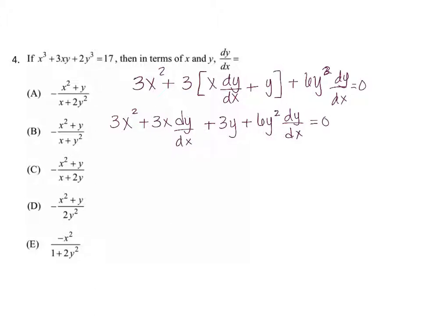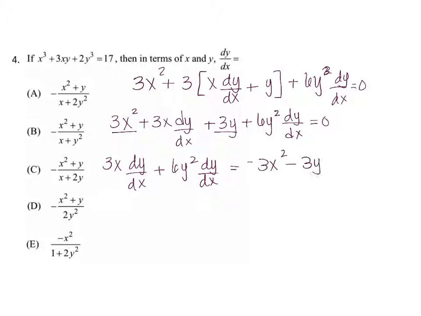And now we're going to move everything that doesn't have dy/dx over to the other side. And so I have 3x dy/dx plus 6y squared dy/dx equals negative 3x squared minus 3y.